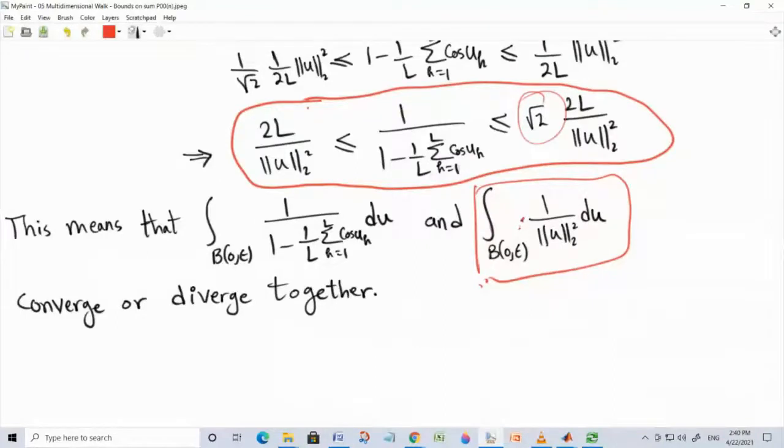And so if this integral is finite, this must be finite. And if this one is infinity, this one must be infinity. They converge or diverge together. And by diverge here, I mean it is actually infinite.